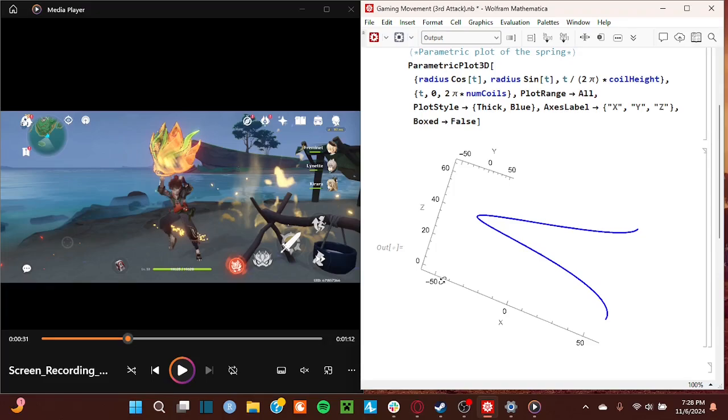And that actually happened to be important a little bit later. But after getting this equation and getting this z coordinate over here, the t over 2 pi, then we're able to make this.